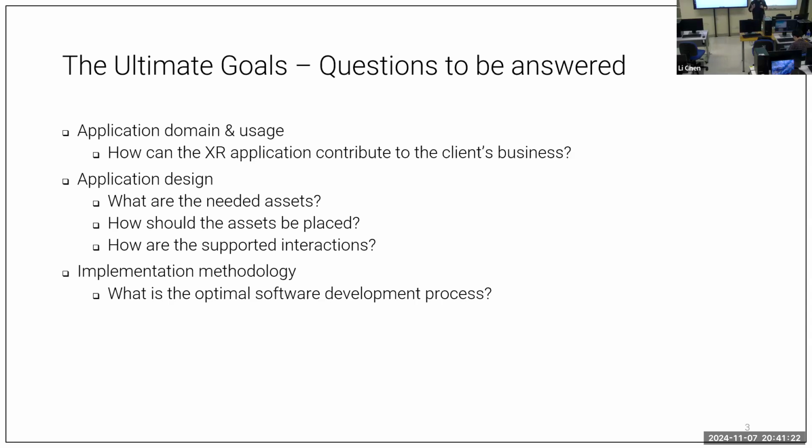The second thing would be related to the application design. So for example, what are the needed assets? How should the assets be placed? What could the supported interactions be? These are all questions that need to be answered. During my previous experience working in the industry, it is very important for you to understand this, or at least have a picture before you pledge the resources to do it.